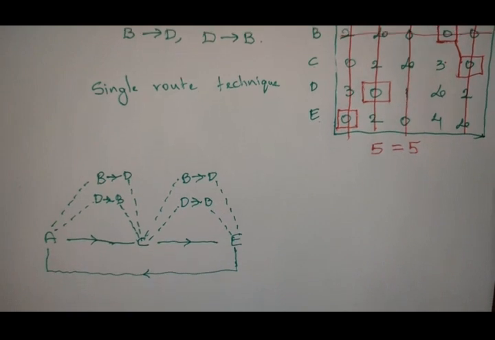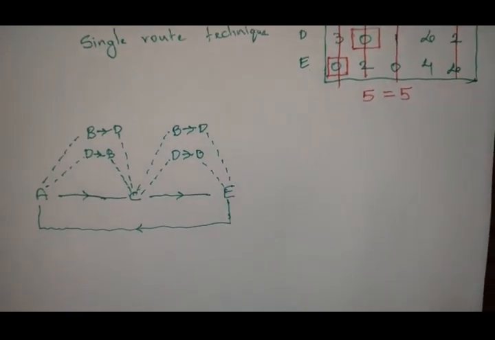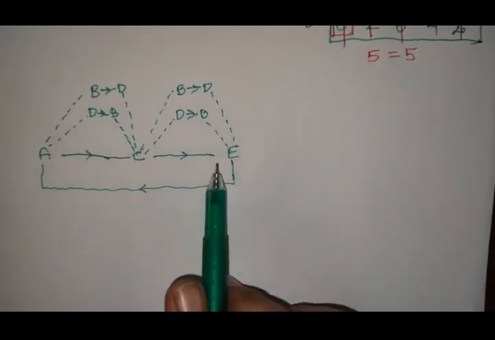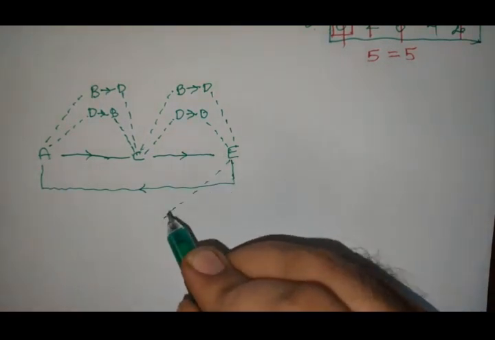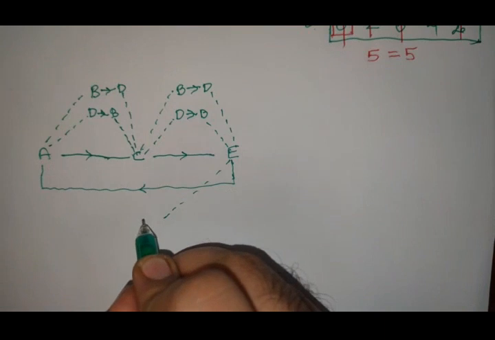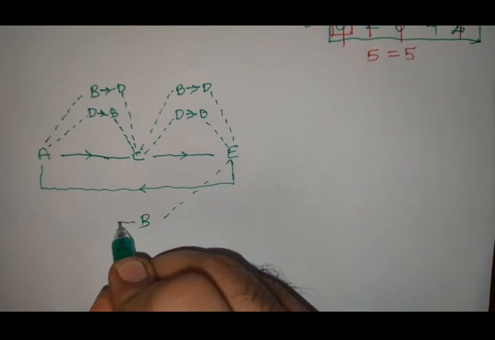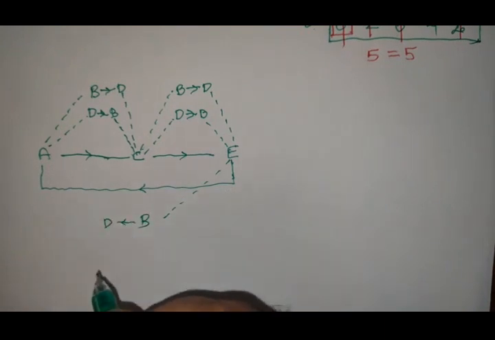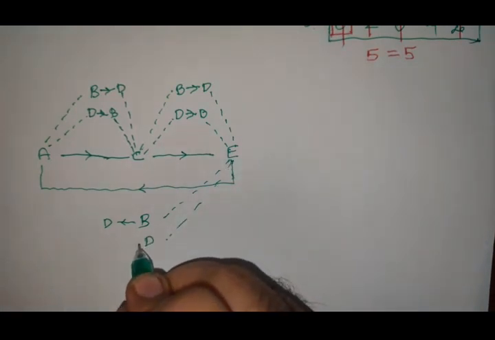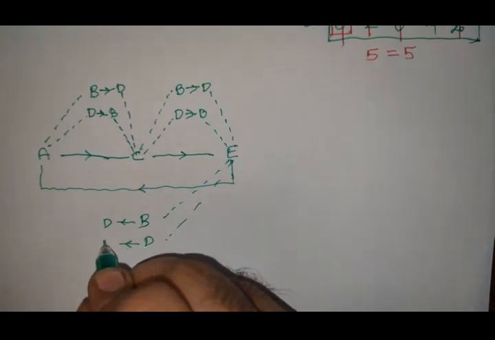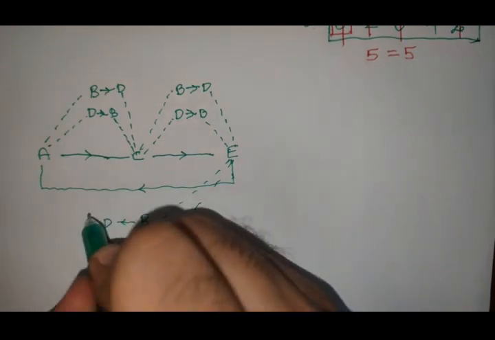Or one more possible case is we can insert in between E to A. From E we can do B to D, or we can go from D to B also, and then he will reach A.